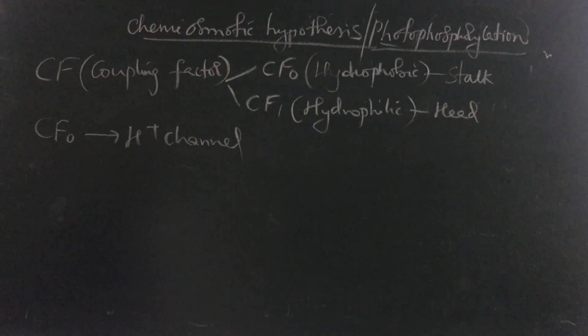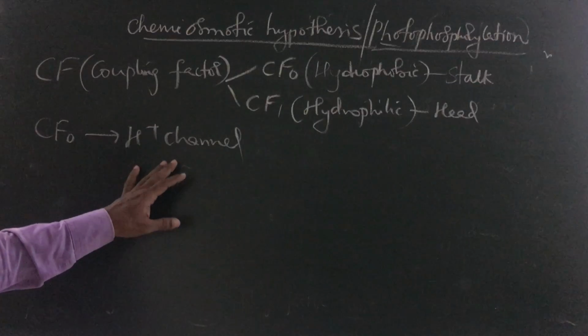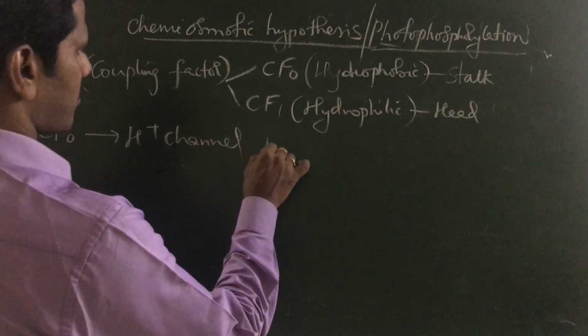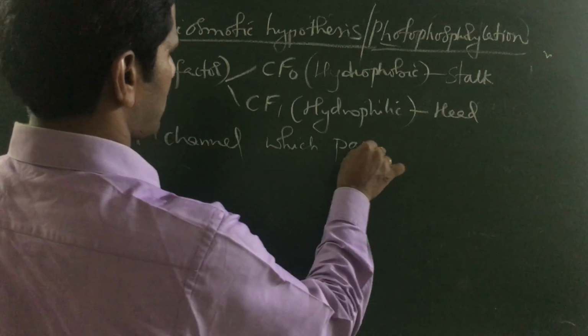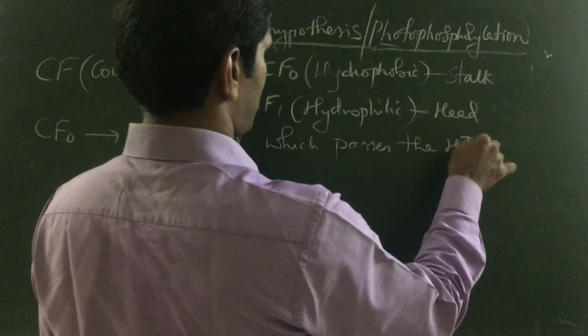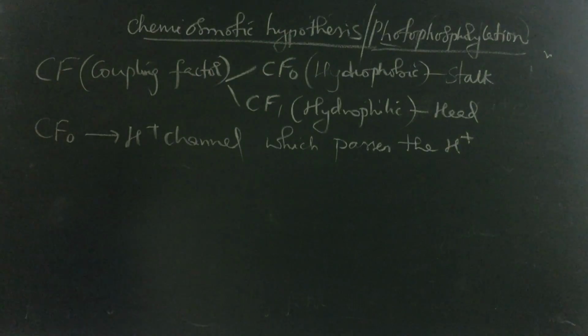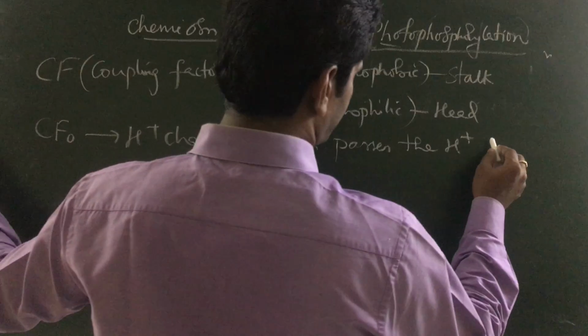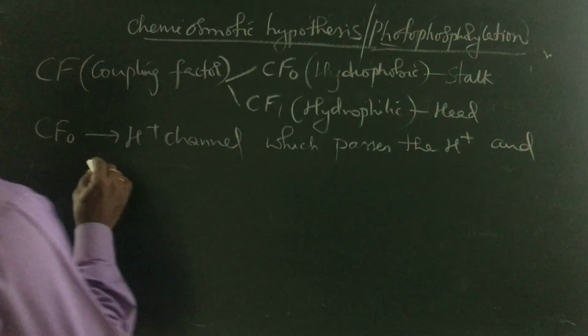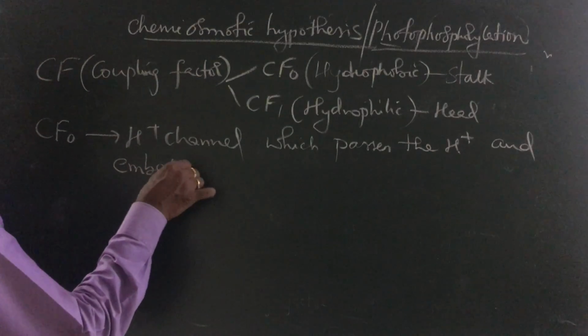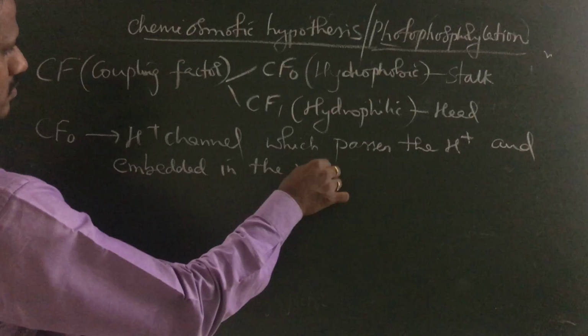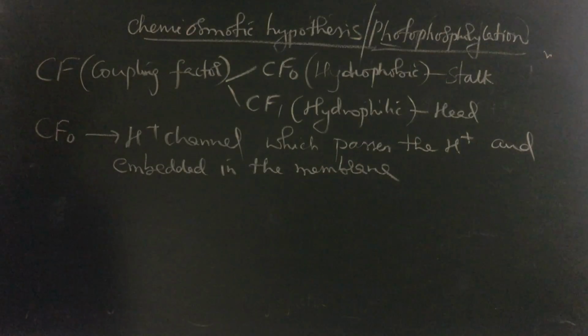So CF0 is the proton channel which passes the protons and is embedded in the membrane.